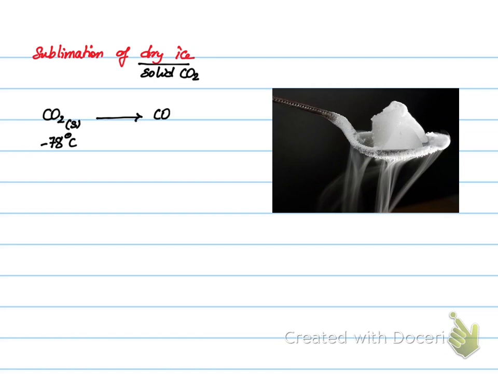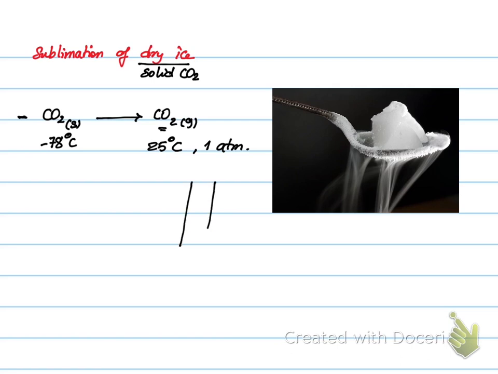It turns directly to carbon dioxide gas. So at room temperature, 25 degrees Celsius, and room pressure, 1 atmospheric pressure, carbon dioxide only exists as a gas. So during sublimation of dry ice, carbon dioxide solid turns to carbon dioxide gas.